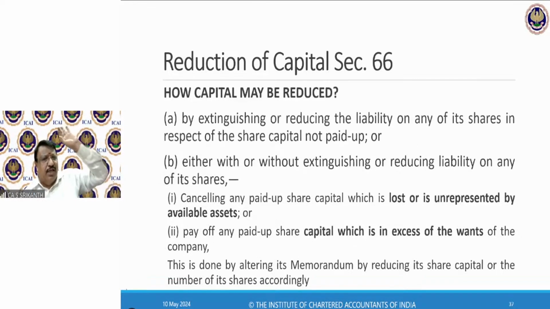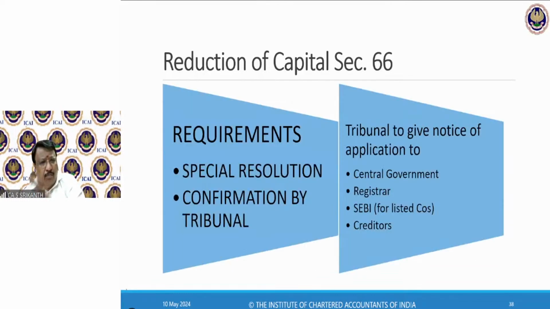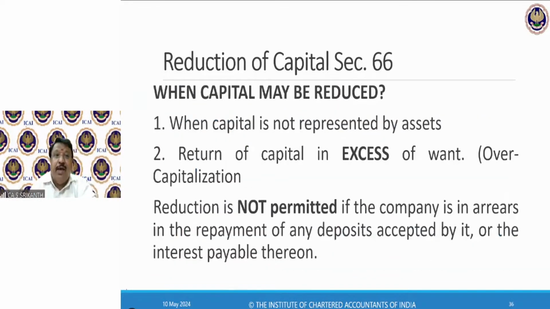For that, you have to first extinguish the liability on those shares. And one important point is, if you want to do it, two procedures are there. One is you have to pass a special resolution. The next is you have to get confirmation by tribunal. Why tribunal confirmation? Because this is a serious case where they are going to write off the capital.